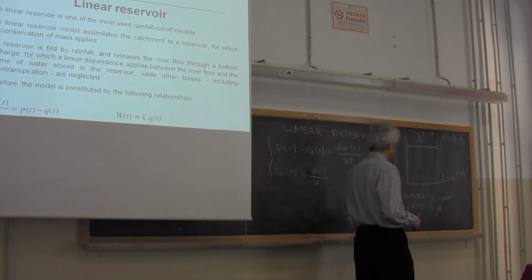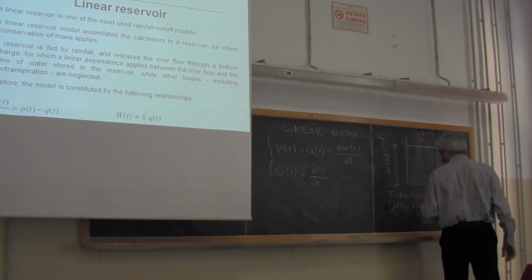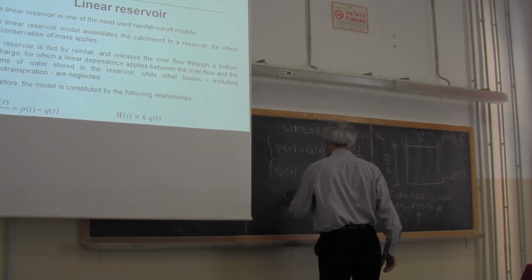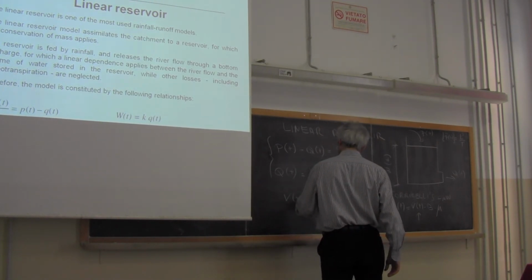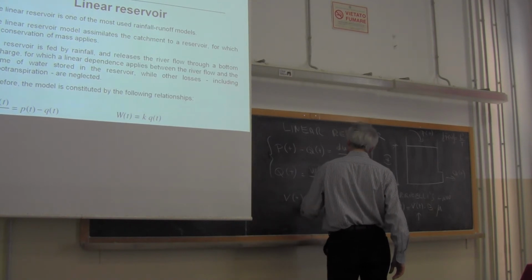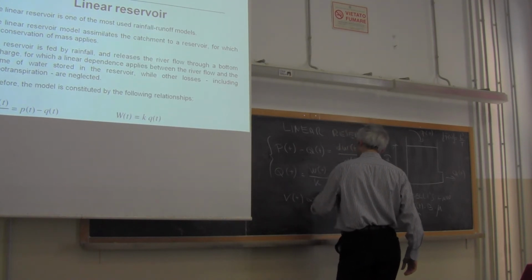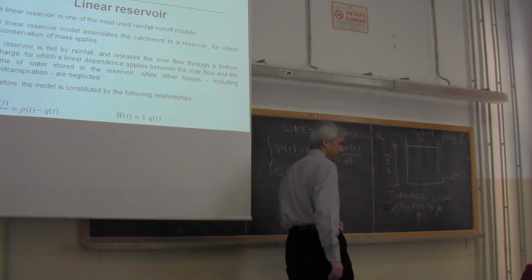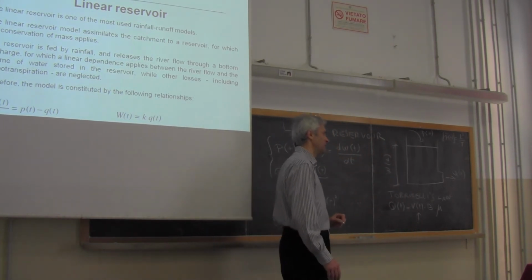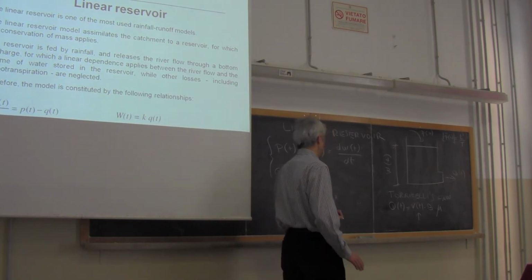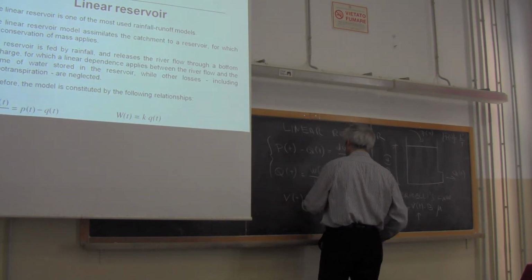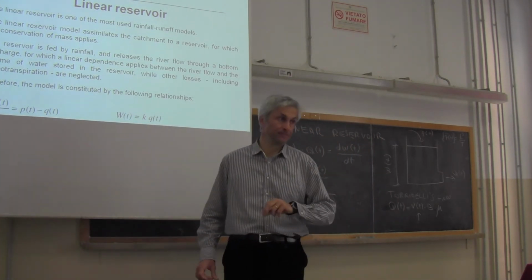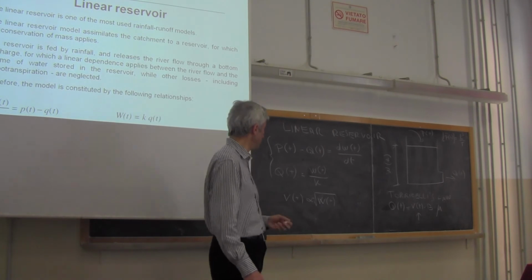We know that velocity in Torricelli's law is proportional to the square root of W(t), with a proportionality constant involving 2g.